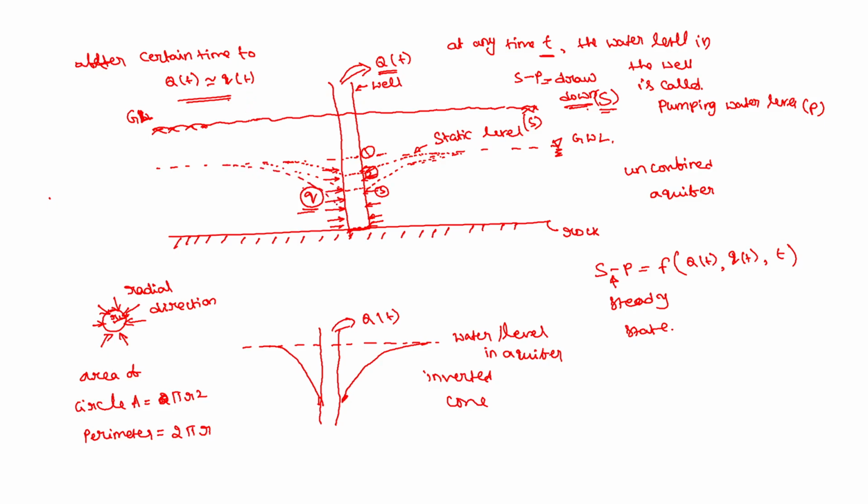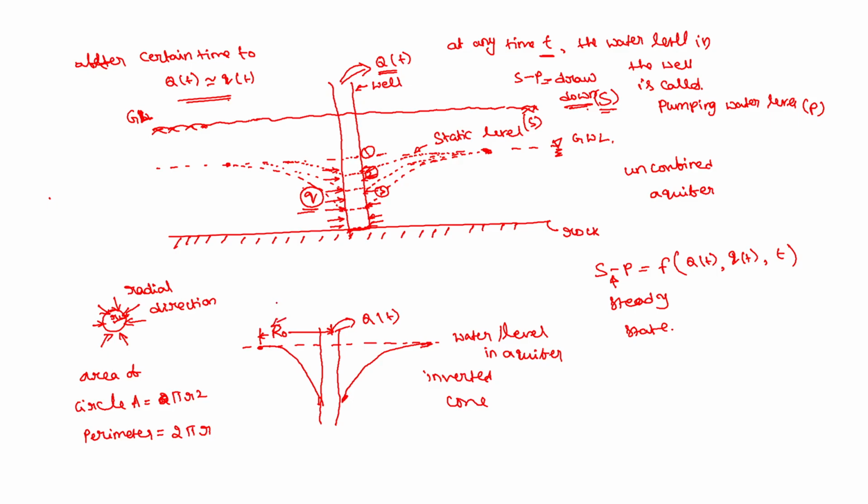So after a certain time t naught, this Qt will approximately be equal to qt, and a water level shape forms in the aquifer of an inverted cone shape. In this manner one shape will form. This drawdown will decrease as we move away from the well, and it will become zero at a distance of capital R naught.